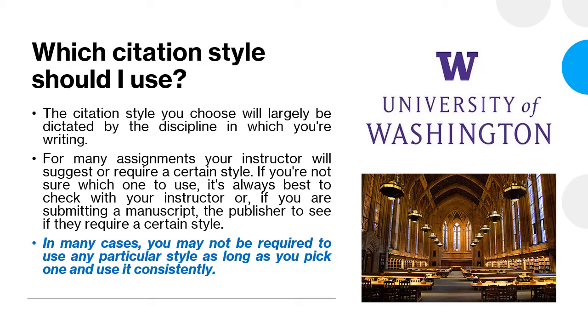The citation style you choose will largely be dictated by the discipline in which you are writing. If you are a science student, social science student, law student, management student, each category of your discipline decides the citation style. For many assignments, your instructor will suggest a required citation style.